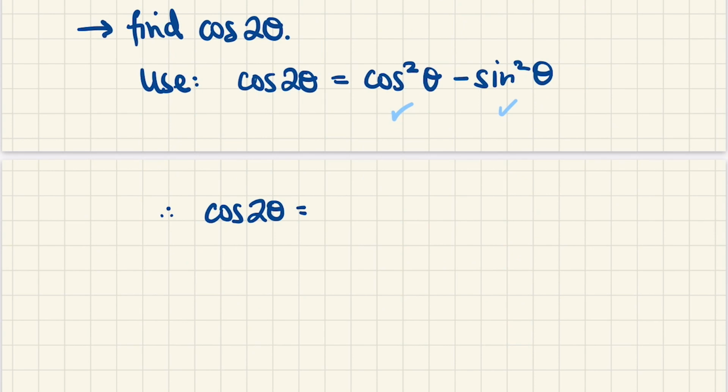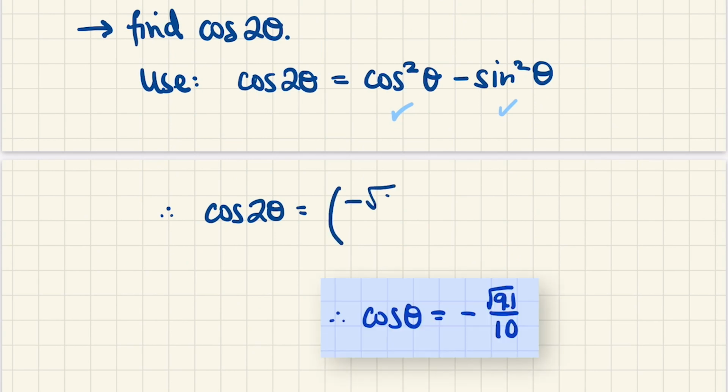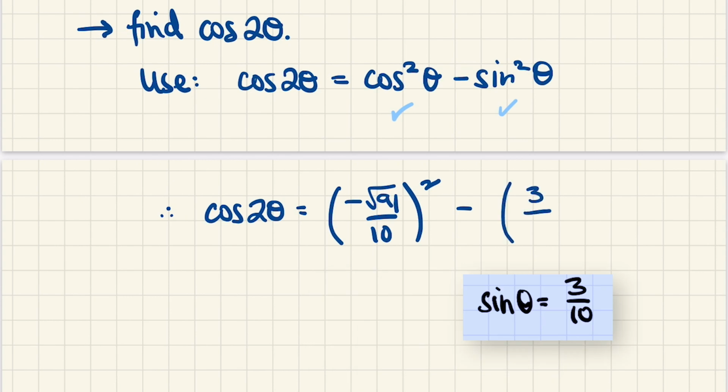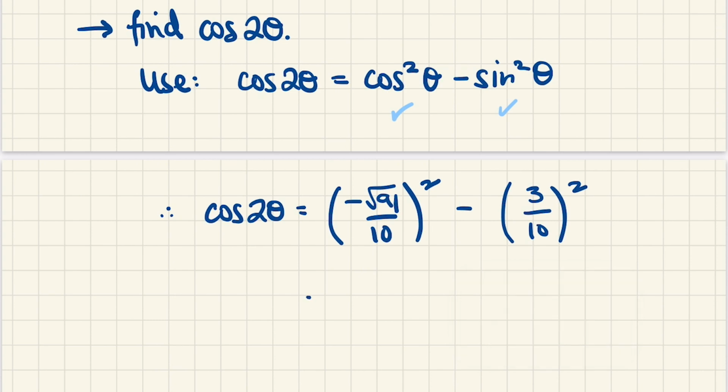Okay, well, cosine of theta was negative root 91 over 10, and that's being squared. And sine of theta was 3/10, and that's being squared. So the negative here is going to get squared away so that this will become a positive.